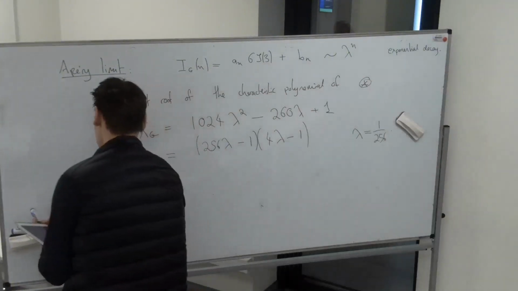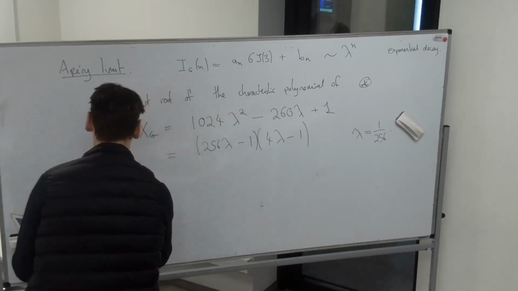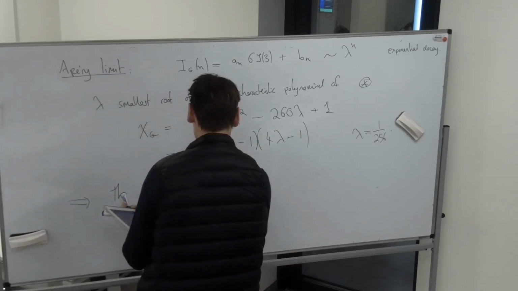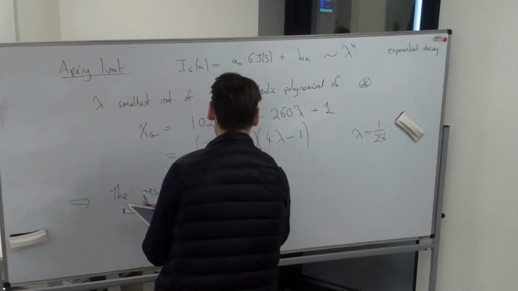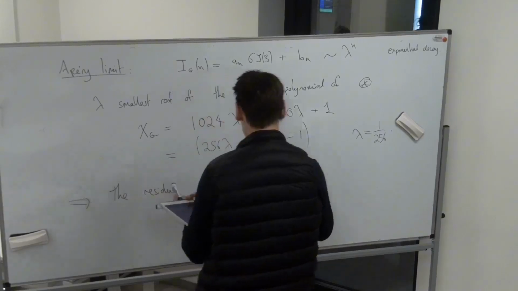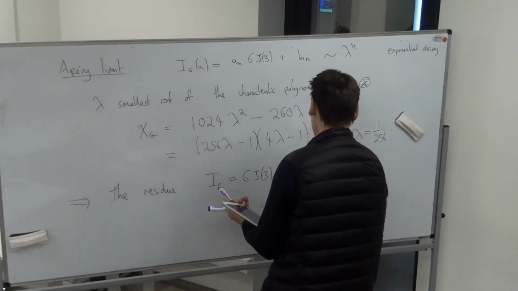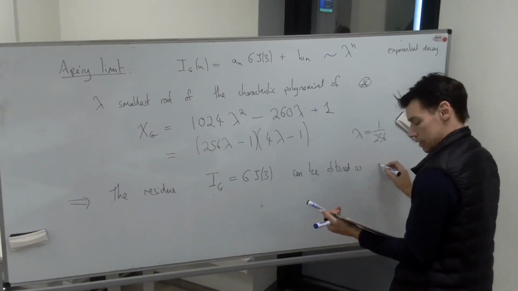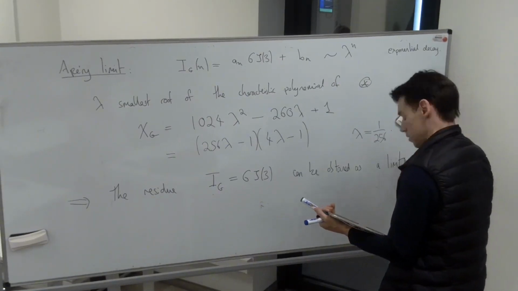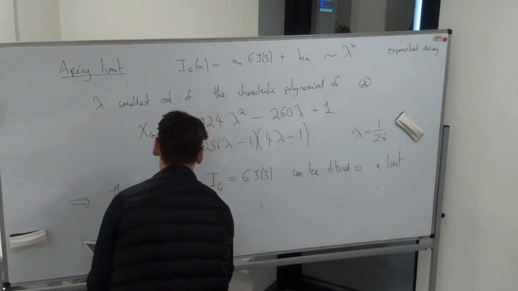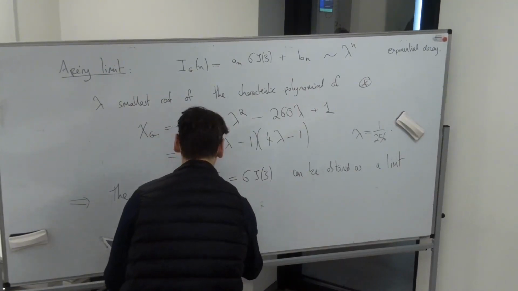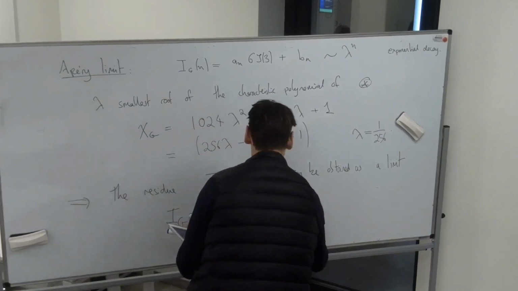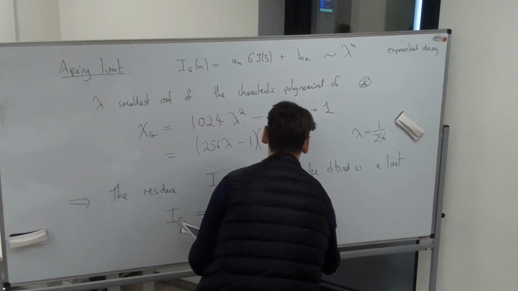And it implies that we can capture the residue Ig, 6 zeta 3, can be obtained as the limit: Ig equals the limit as n goes to infinity of minus bn over an.